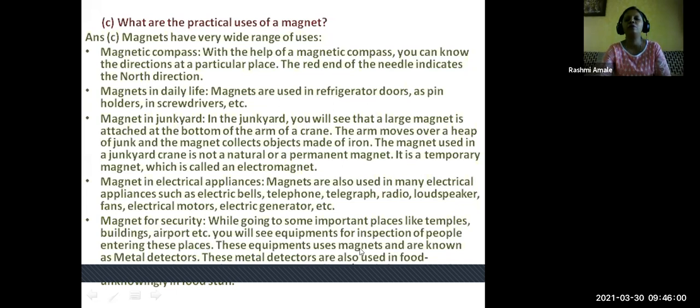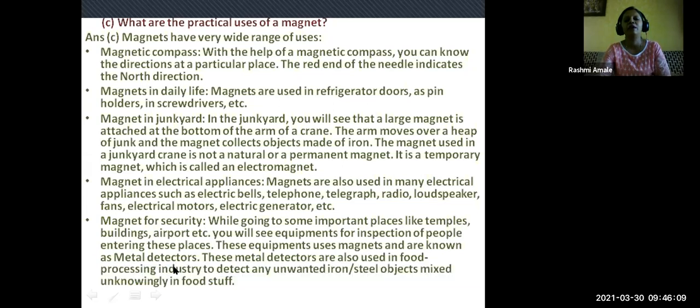These equipments use magnets and are known as metal detectors. You might have seen these metal detectors. Nowadays, they are there at many important places. These metal detectors are also used in food processing industry to detect any unwanted iron or steel object mixed unknowingly in the foodstuff. So these are all the practical uses of a magnet.